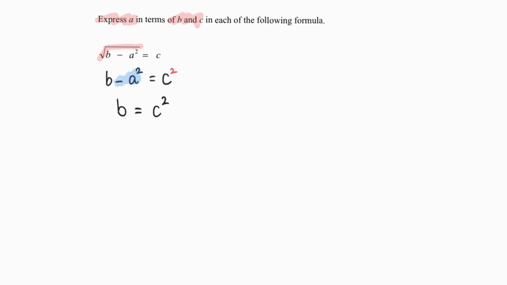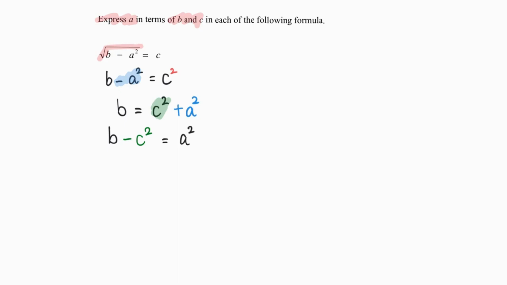I'm going to add A square on both sides, so that it will become my positive A square, but it's on the other side of the equal sign. And using the same idea, the C square, I'm going to minus C square on both sides, so that my A square is only on one side.